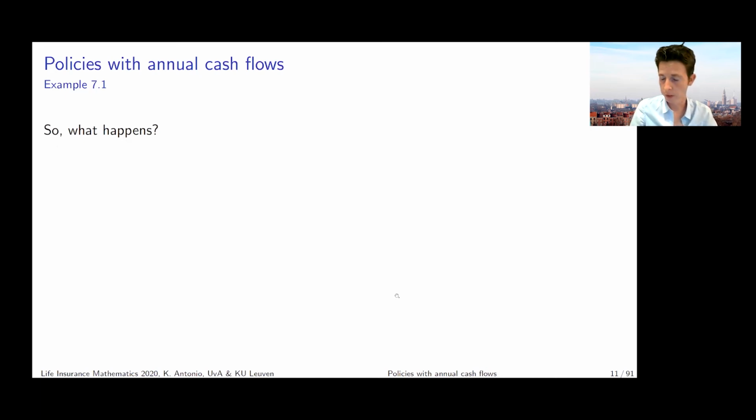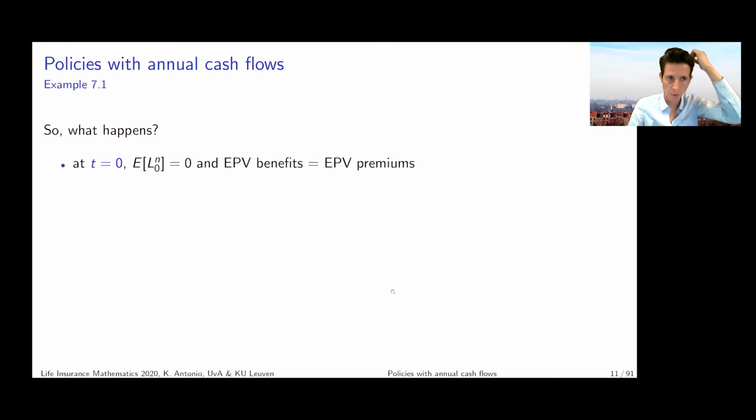Now, what happens here? Where is this capital coming from? Where is this amount of money coming from? So let's take a moment to reflect on that. Well, if you think about what we did in chapter 6, if we used the actuarial equivalence principle there to calculate the premium, then at time 0, we were imposing an equality between the EPV of the benefits and the EPV of the premiums.